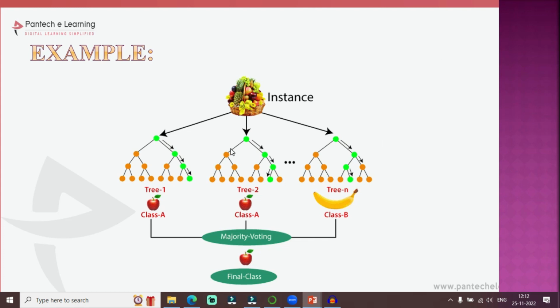I have a collection of different fruits and it is given to different decision trees. From this I construct separate decision trees: decision tree 1, decision tree 2 and up to decision tree n. Based on the maximum voting technique, finally I predict the type of fruit, for example an apple.